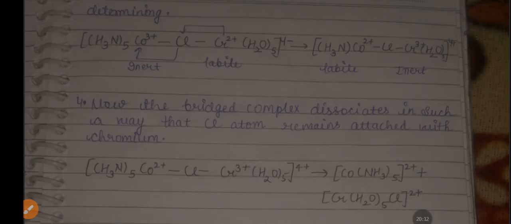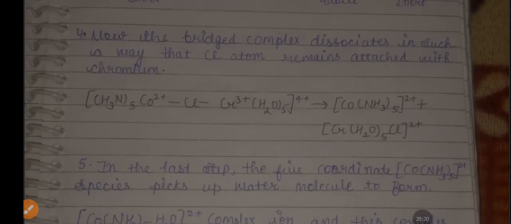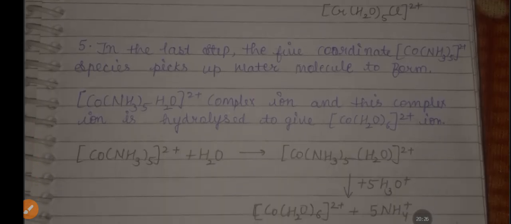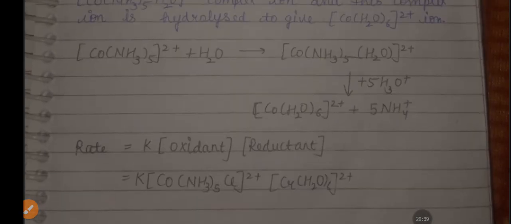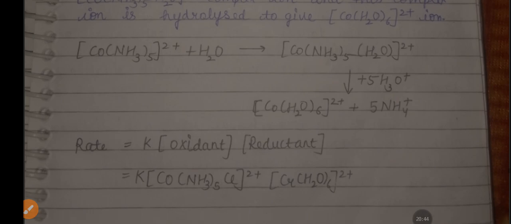Now the bridged complex dissociates in such a way that the chlorine atom remains attached with chromium. In the last step, the 5 coordinate [Co(NH3)5]2+ species picks up a water molecule to form the [Co(NH3)5H2O]2+ complex ion, and this complex ion is hydrolyzed to give the [Co(H2O)6]2+ ion.